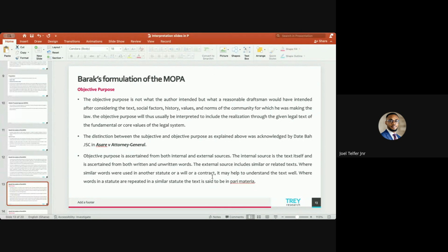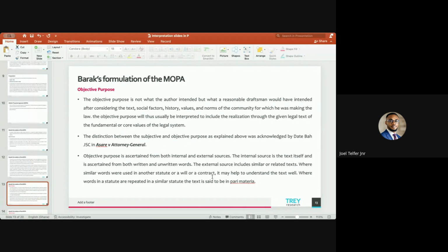Now, for the objective purpose, what we are suggesting is that, well, the author may have intended one thing, but if all things considered, if we consider our democracy, if we consider our cultural values and norms, this is what he ought to have intended.